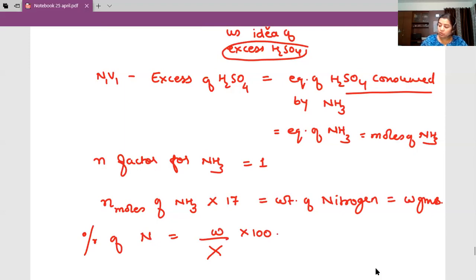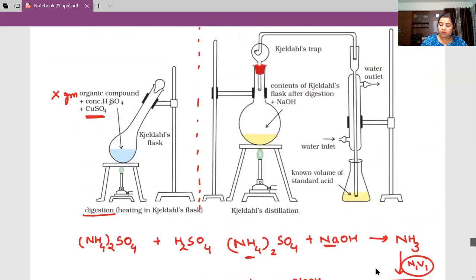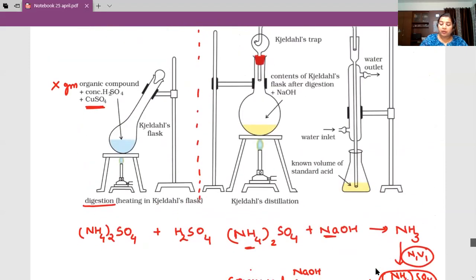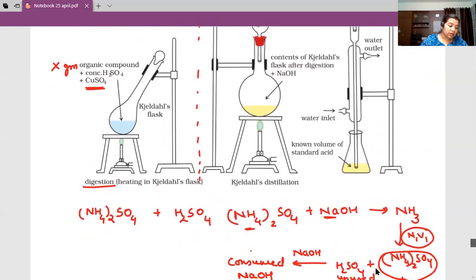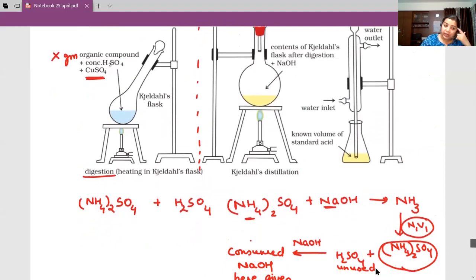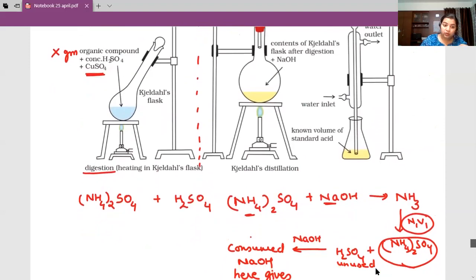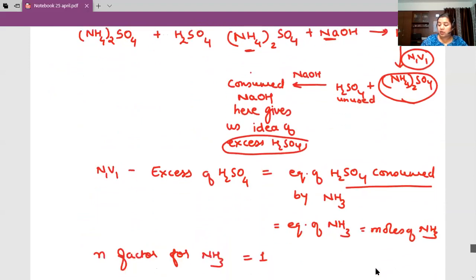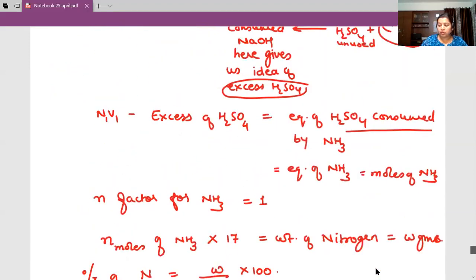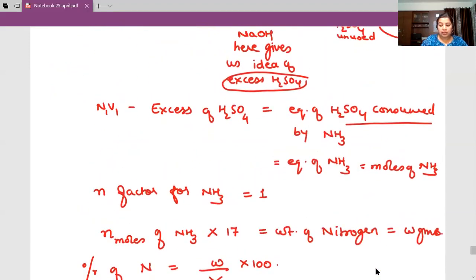Okay, please go through it once more and then it will be more comfortable. With time, you have done a repeat titration, and excess H2SO4 is again estimated by NaOH, so you have to go through it once. Clear? What is the important point related to Jaldal's?